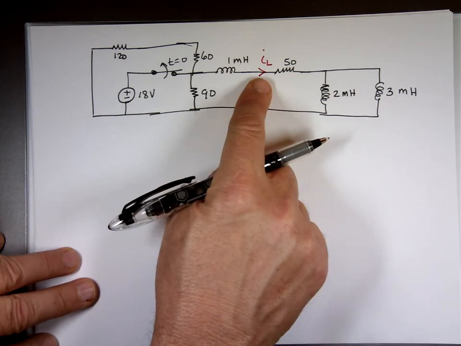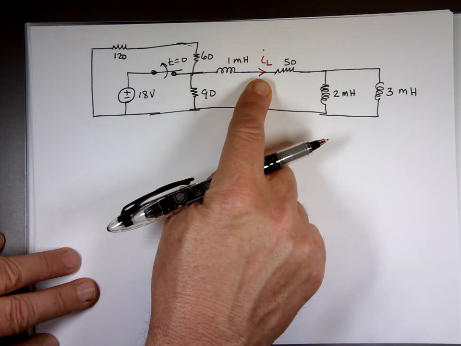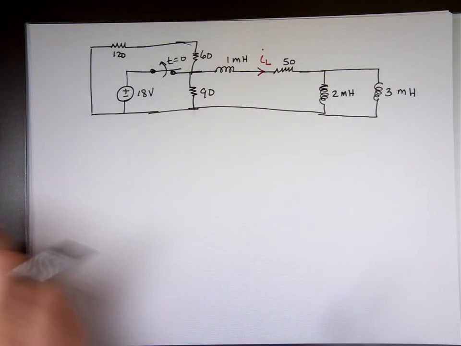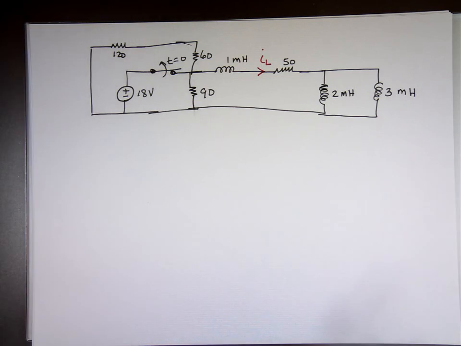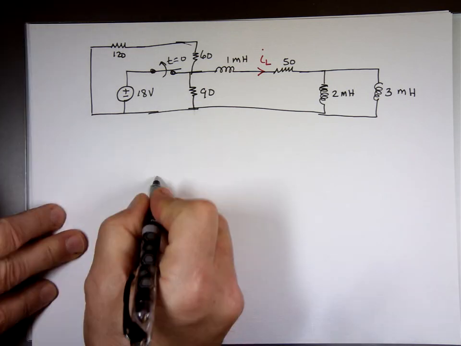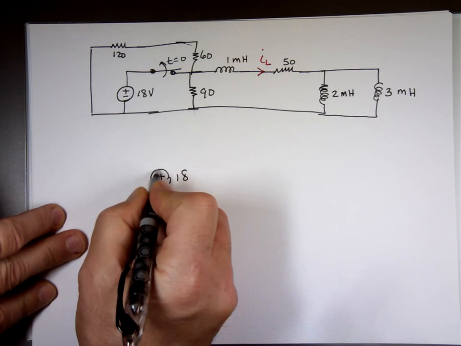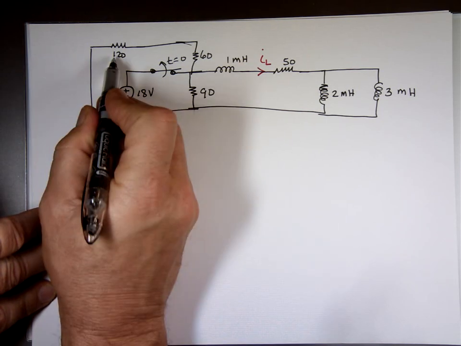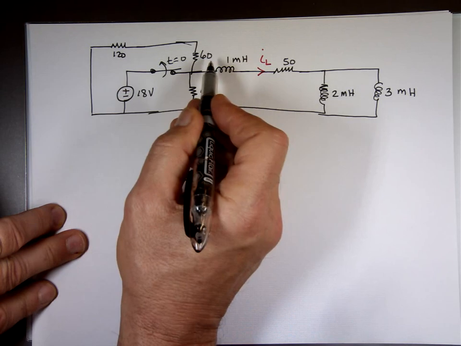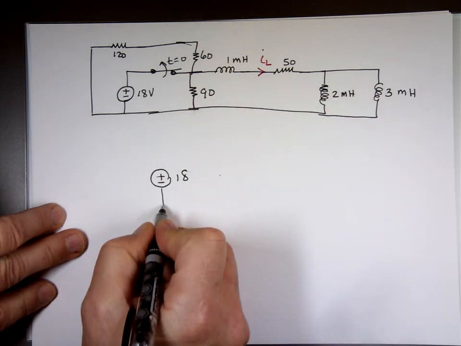So if you want to make life easy on yourself, you can say, let me minimize that circuit before I start shorting things and adding things. The 120 and the 60, big deal. Why do they have two resistors? Why not just make one? That's 180.